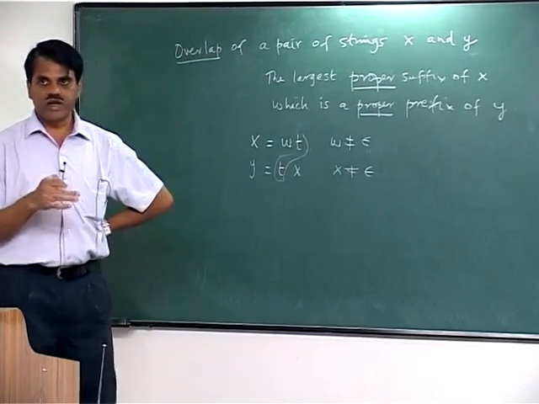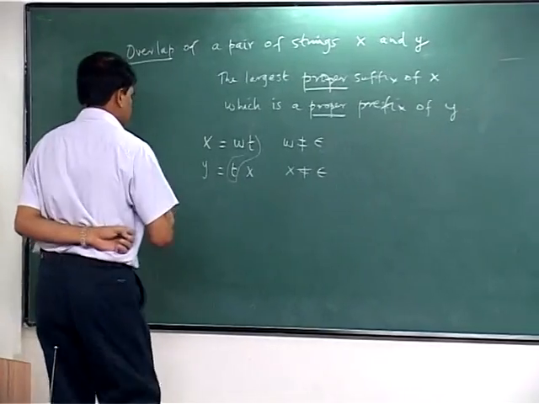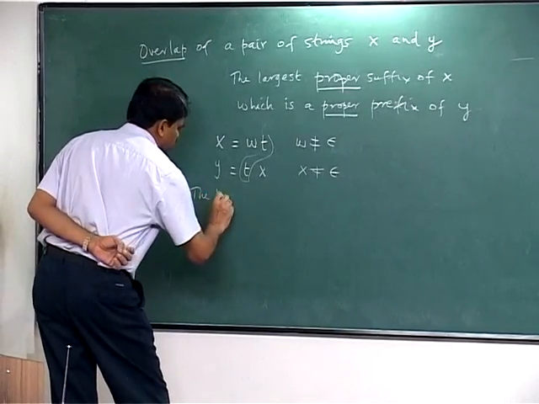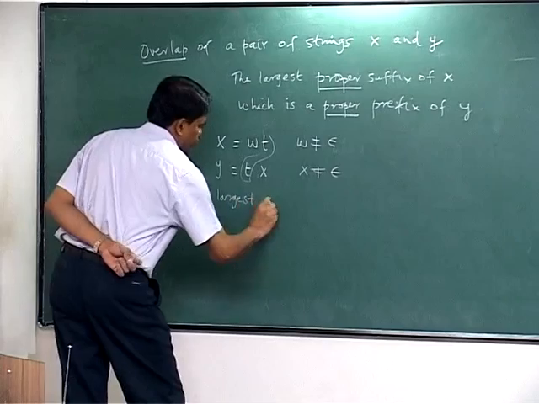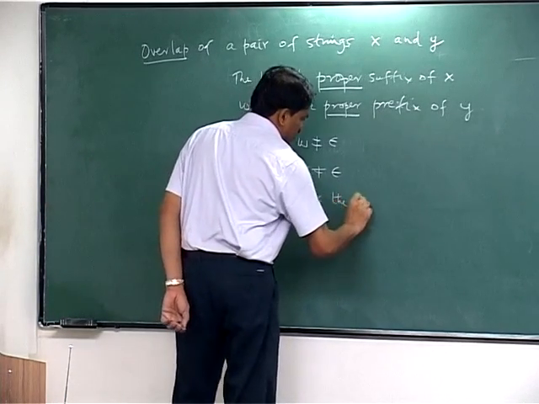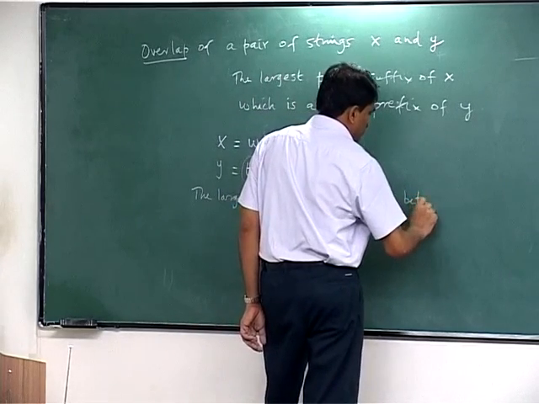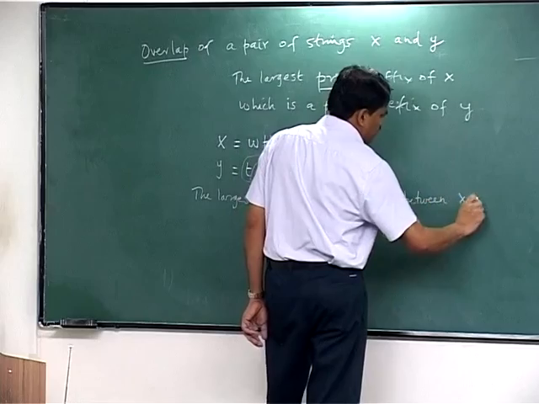So there is an order which matters here. The largest such t is the overlap between x and y.